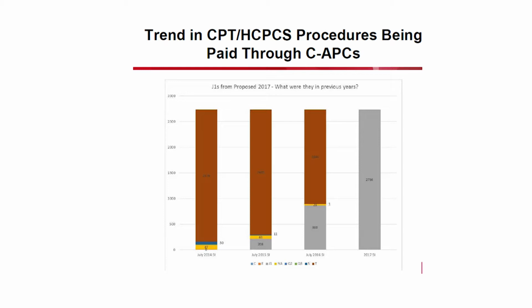So if a particular hospital maybe overutilized certain services or ancillary services really in imaging, drugs and pharmaceuticals, supplies, lab tests, they do not get paid extra for that anymore.